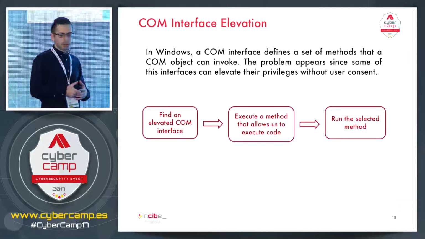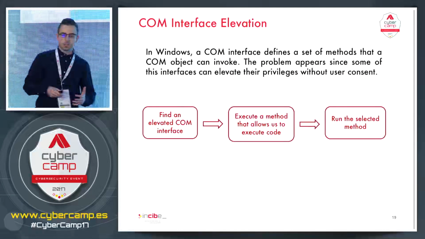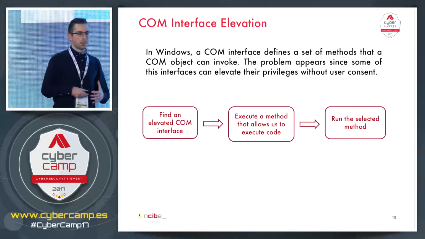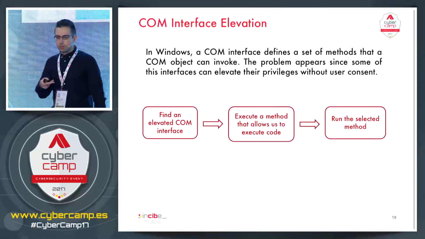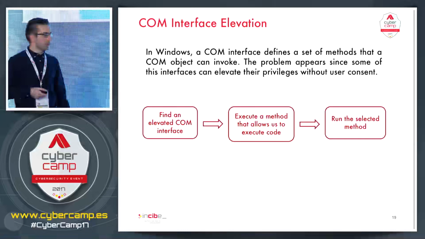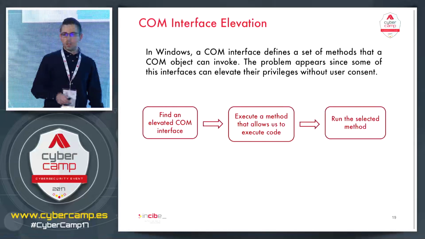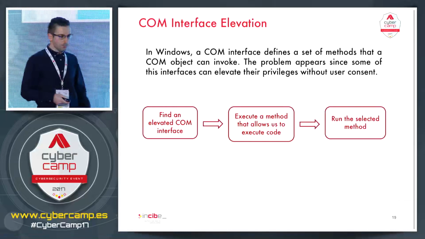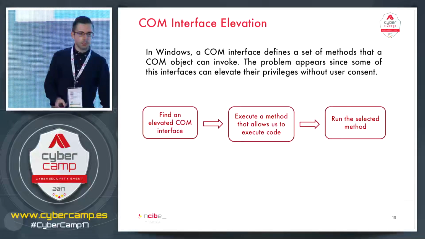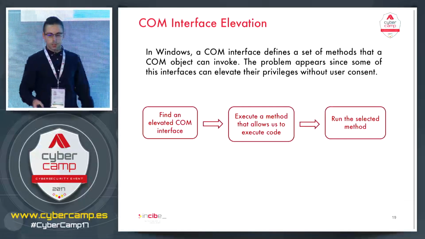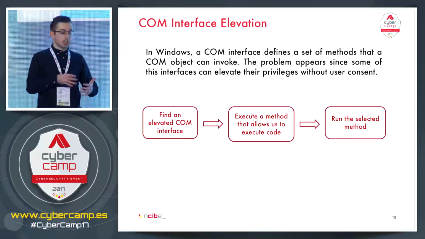Now, leaving the hijacking attacks behind, we are now going to talk about the abuse of several COM interfaces. A COM interface defines a set of methods that a COM object can invoke. The problem appears when several interfaces provide rights without user consent.